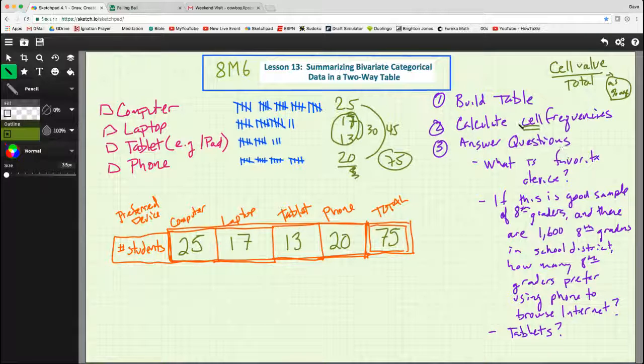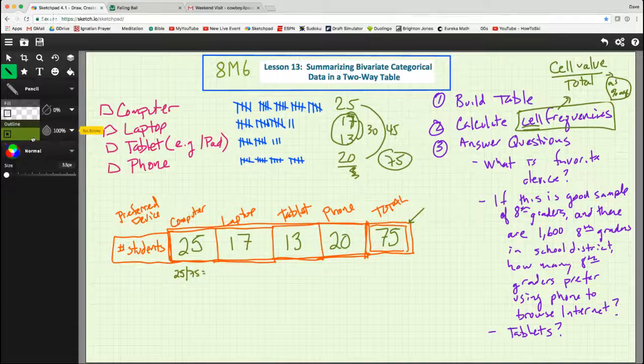So let's go ahead and calculate those cell frequencies in this table. So what is my total? My total is always going to be 75. So my cell value here is 25 divided by 75. So I'm just going to write that here, 25 divided by 75. And so that equals, and I can do that one in my head.